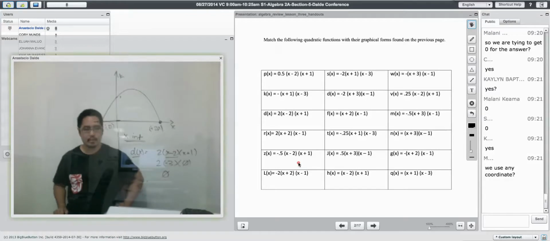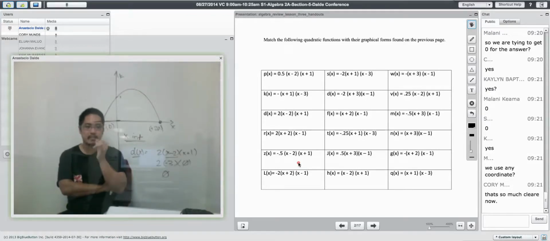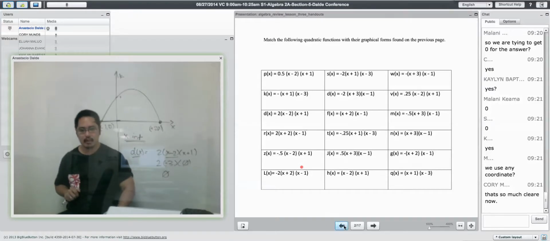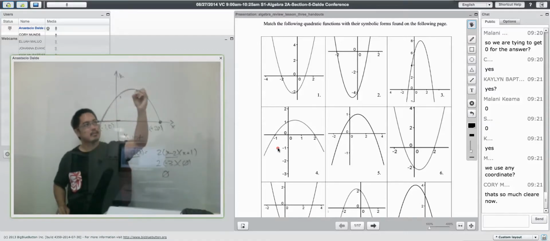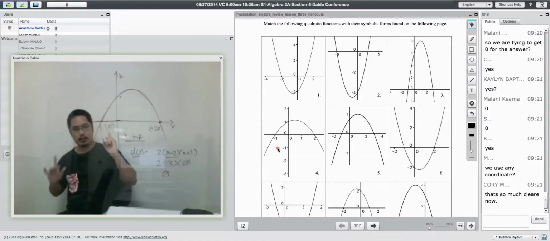No, we haven't been using any coordinates. When we took a look at that graph, I'm just trying to read off a few points, and I think that on that parabola, there are some points that are really interesting. Those points are negative 1, 0, and 2, 0, and give me the coordinates of this point up here.